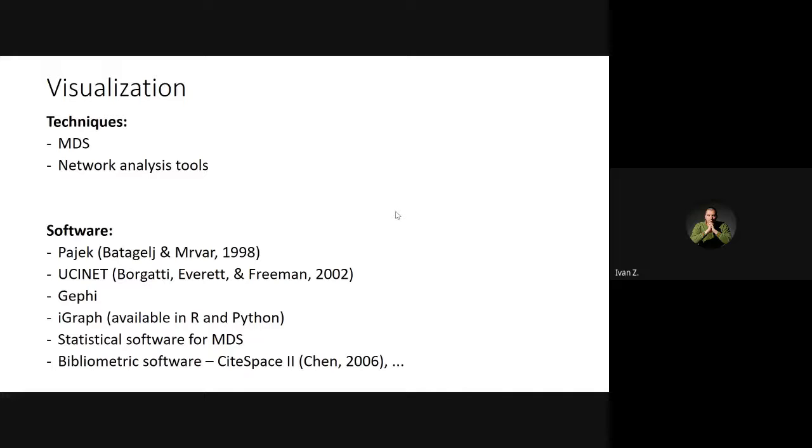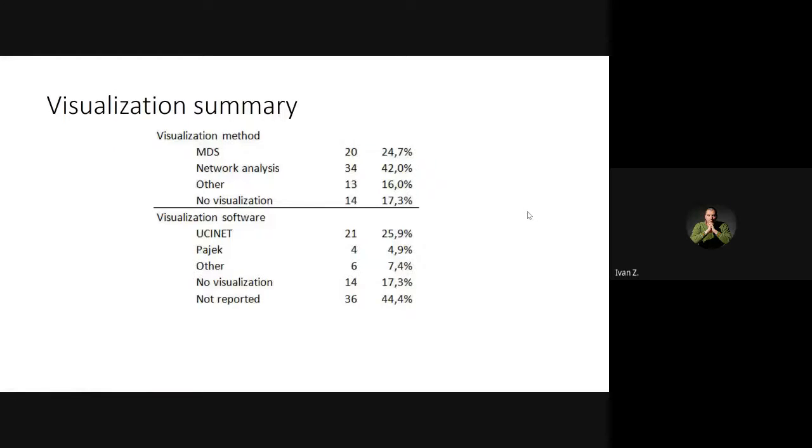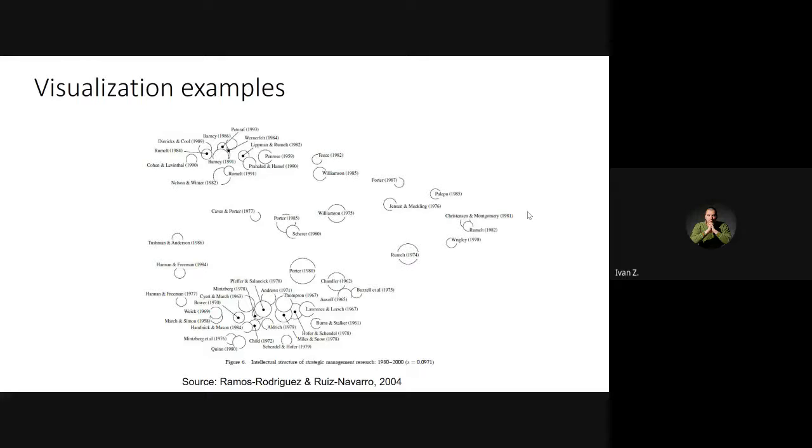And if you use R, you can also use igraph or any of the other packages for network analysis in R. Network analysis is becoming the most used method for visualization. Most of the studies use UCINET, but the majority of the published papers do not report which visualization software they actually used.